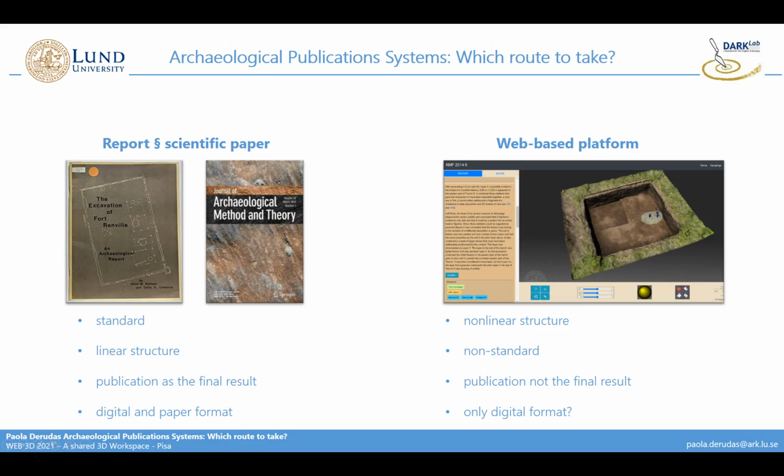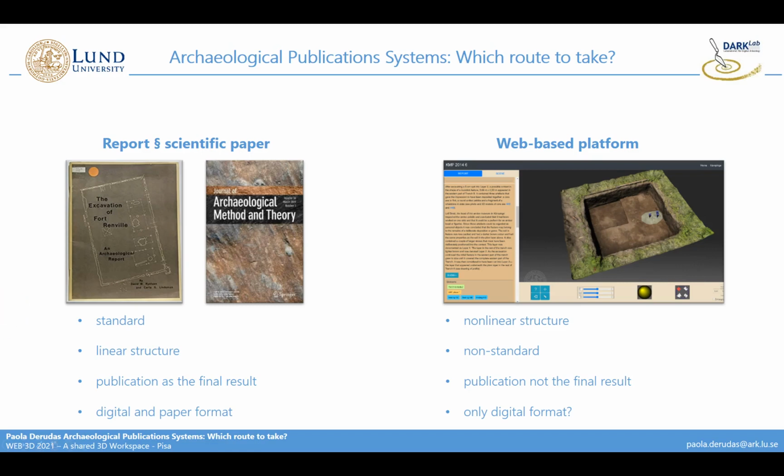Unlike the reports and scientific papers that follow a linear structure characterized by text, images, tables, and charts, and are the final, or should be the final, results of any archaeological investigation, non-standard publications instead are represented by online systems or platforms.